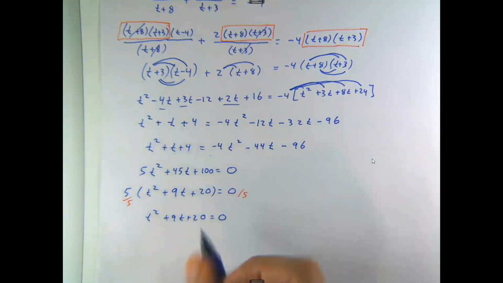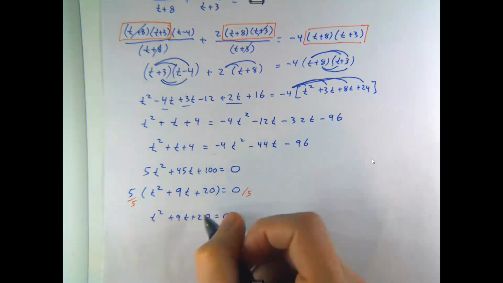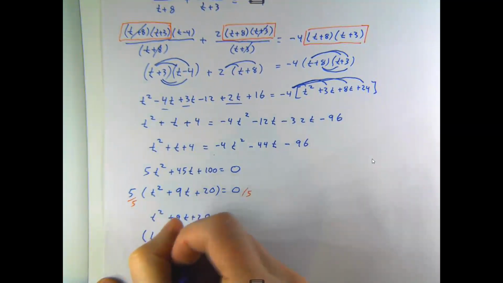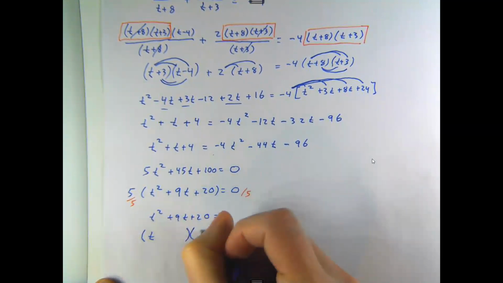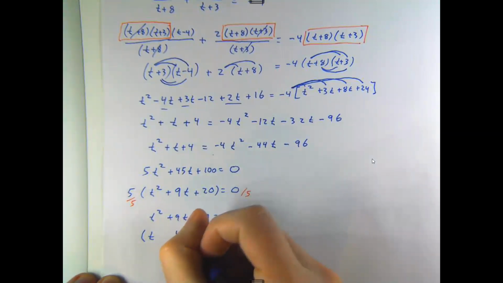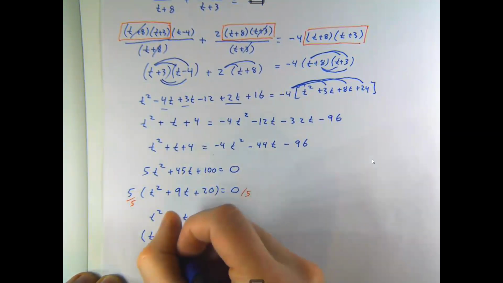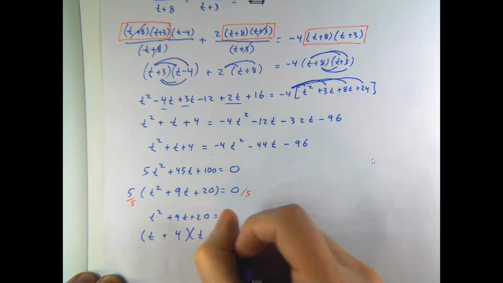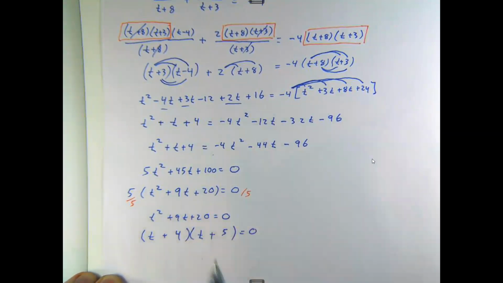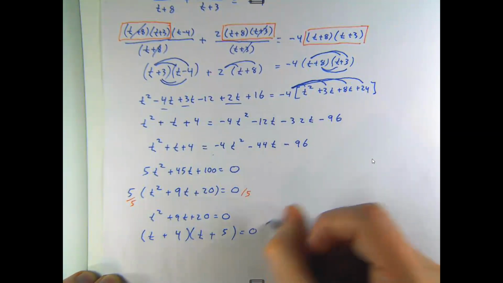I'm going to try to factor this t squared plus 9t plus 20. So I'm looking for two numbers that multiply to give me 20 but add to give me 9. 4 times 5 gives me 20. 4 plus 5 gives me 9. I'm going to set each of these pieces equal to 0 and solve.